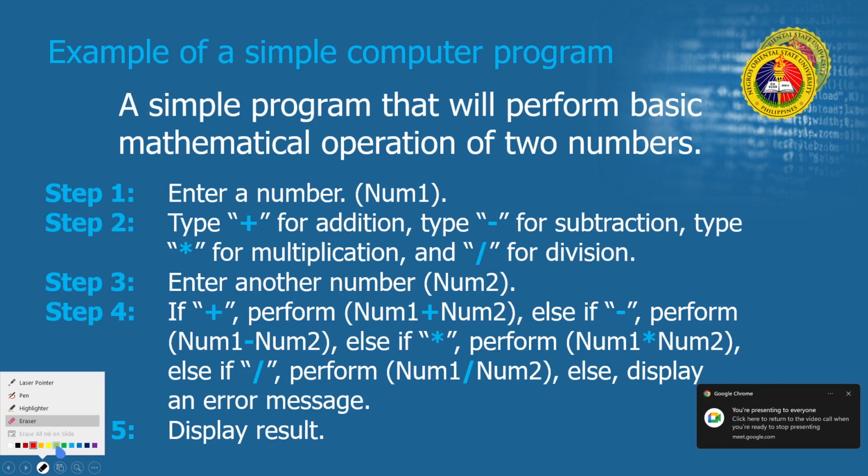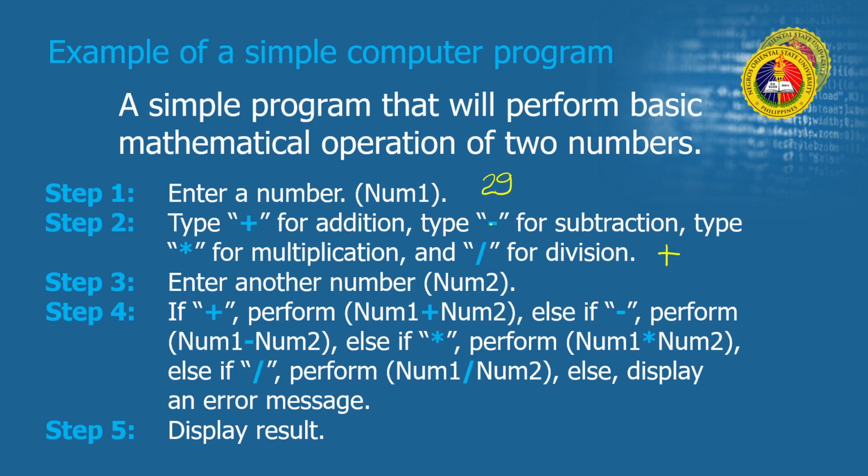So for example, that's step 2. For example, plus siya. Okay, so we type plus because the instruction here is type plus for addition, type minus for subtraction, so on. So the user entered plus, and then for step number 3, enter another number. So let's say 70. Okay, so type another number. The user entered 70.